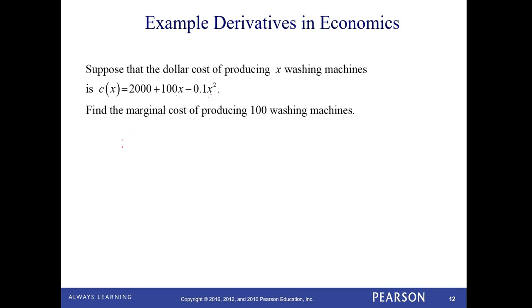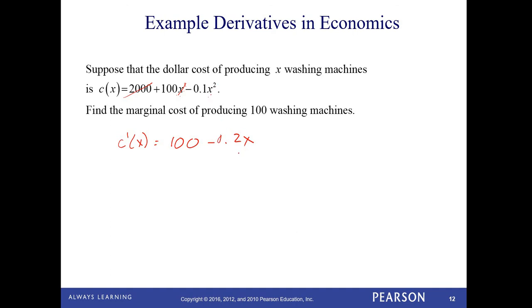So the marginal cost is C prime of x, which is 100 minus 0.2x. That's the derivative. The derivative of 2000 is 0. The power here is 1. That comes down and we lose the x. And then the 2 comes down to multiply and we reduce the power on the x.